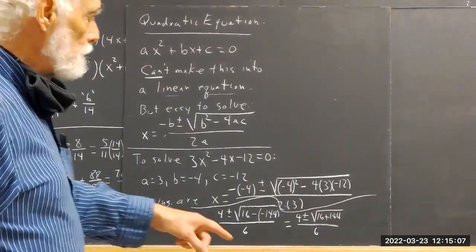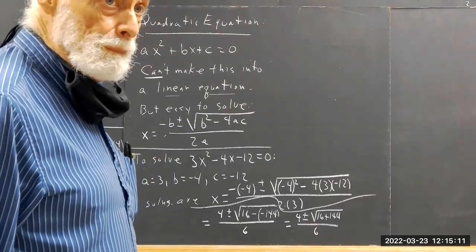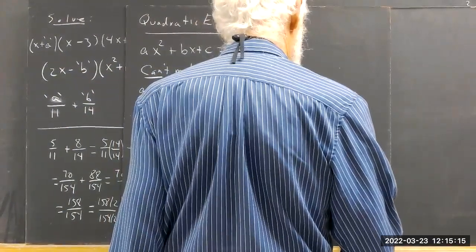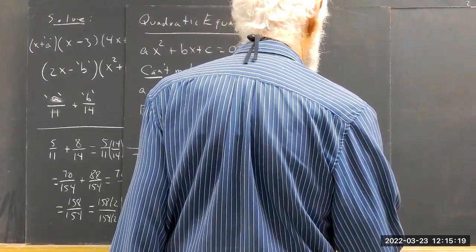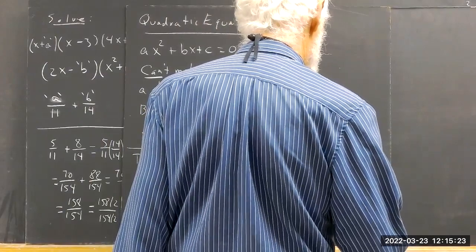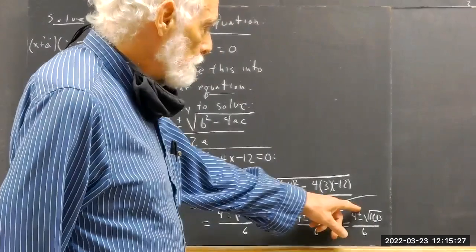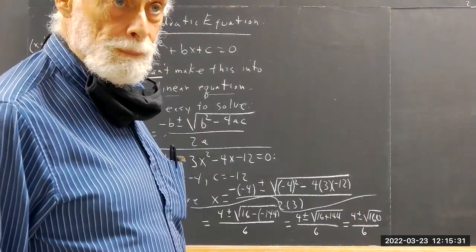That's -4 plus or minus the square root of 16 plus 144. And that comes out to 4 plus or minus the square root of 160 divided by 6.